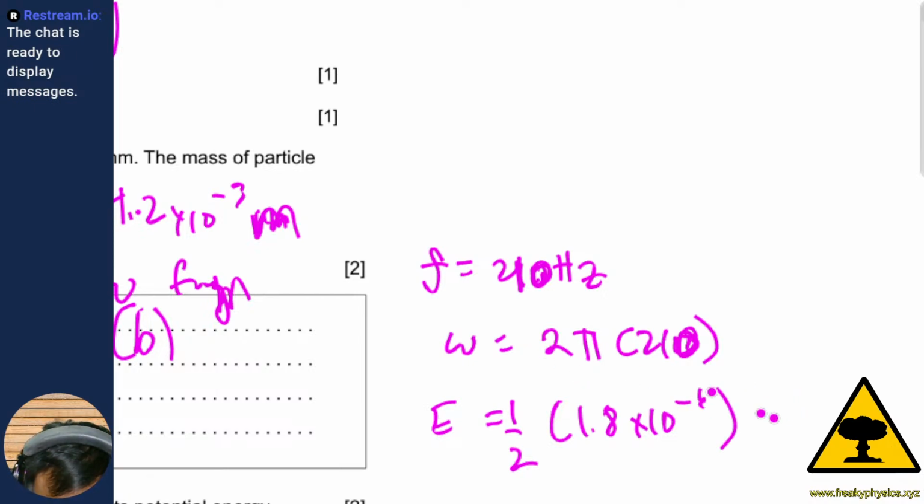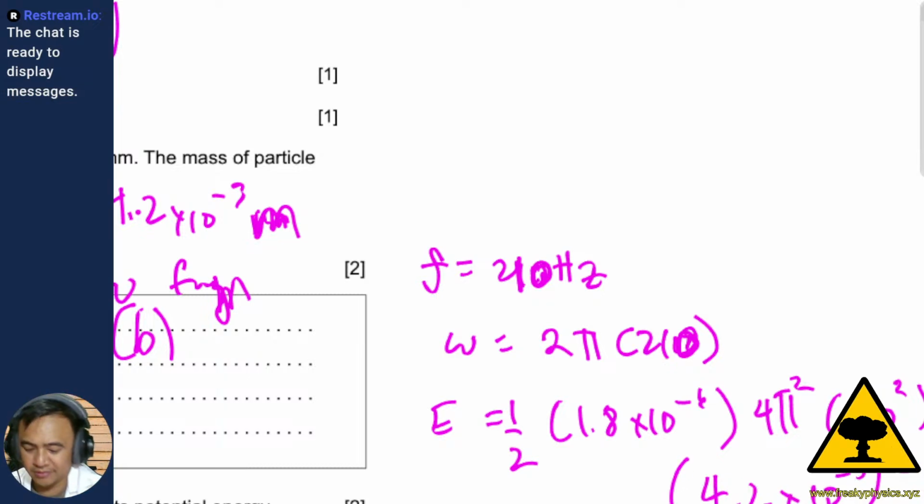Omega squared will be equal to 4 pi squared times 210 squared, right? And then A squared is 4.2 times 10 to the minus 3 squared. Right. In the interest of time, we're not gonna solve this, but you got the formulas now, right?